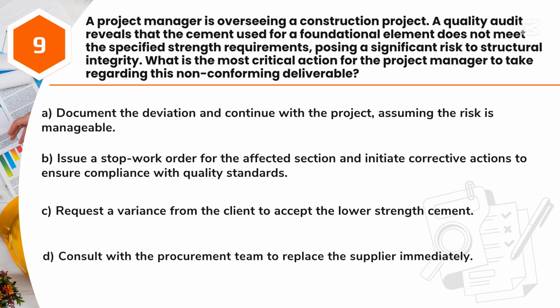A. Document the deviation and continue with the project, assuming the risk is manageable. B. Issue a stop work order for the affected section and initiate corrective actions to ensure compliance with quality standards. C. Request a variance from the client to accept the lower strength cement. D. Consult with the procurement team to replace the supplier immediately.